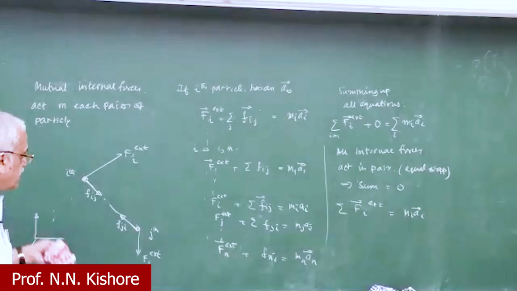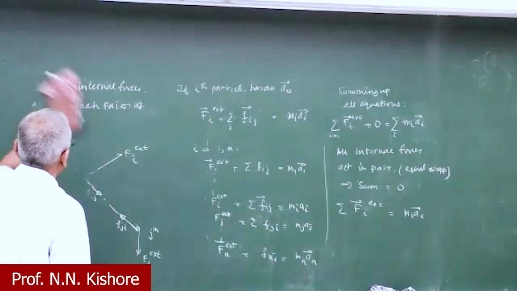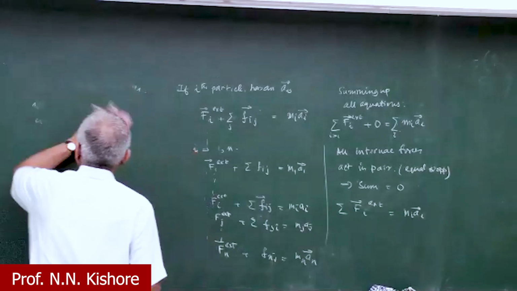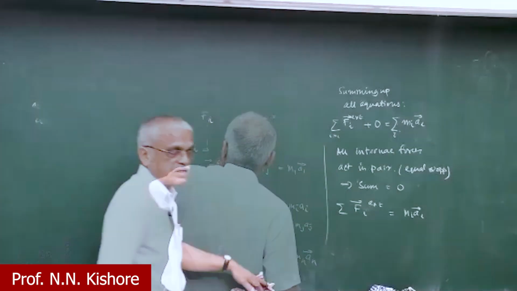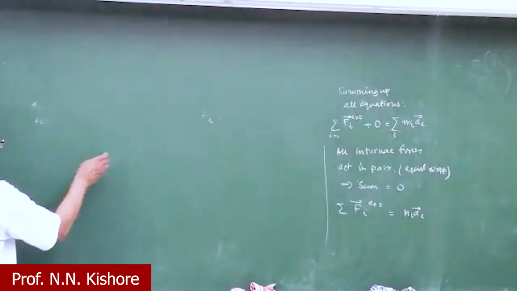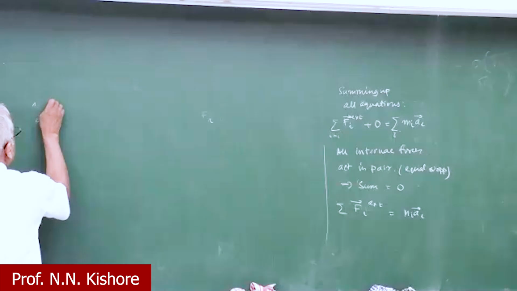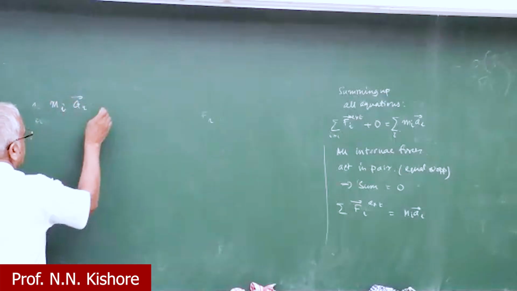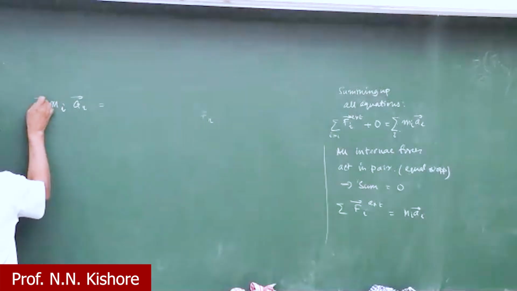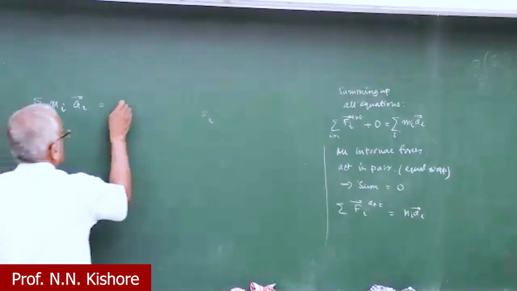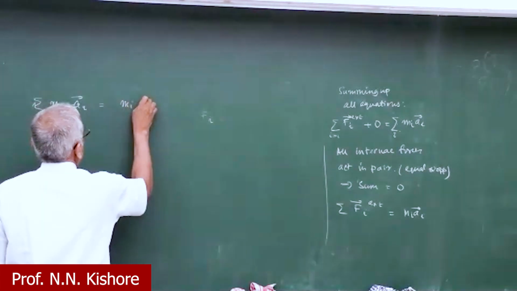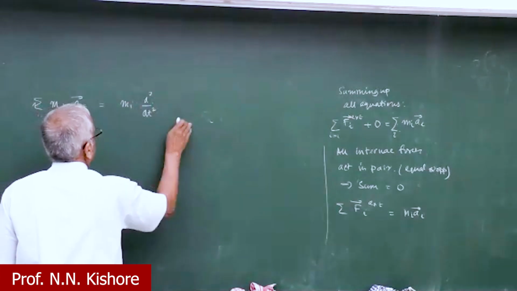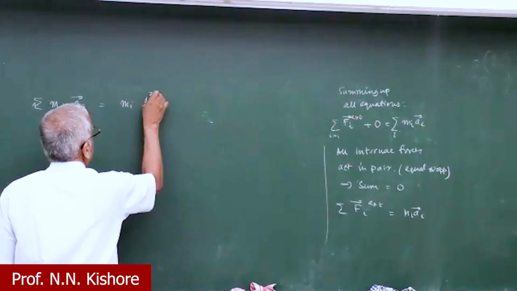So the center of mass, if you recall, the position of the center of mass, say G, is defined as the sum of Mi Ri divided by the sum of Mi.